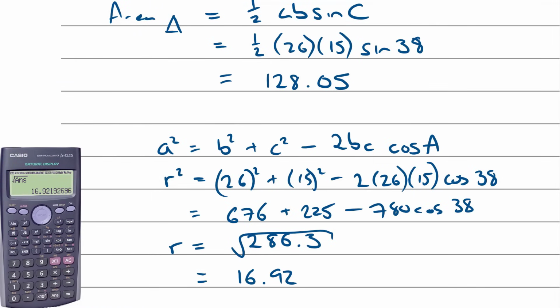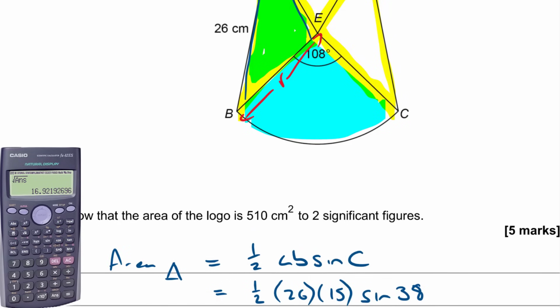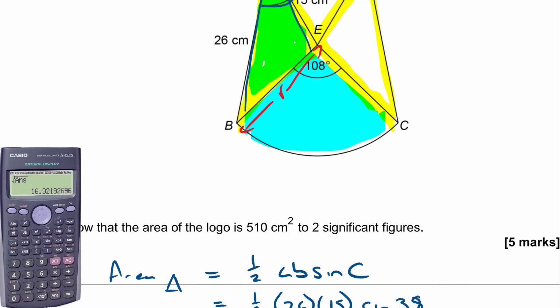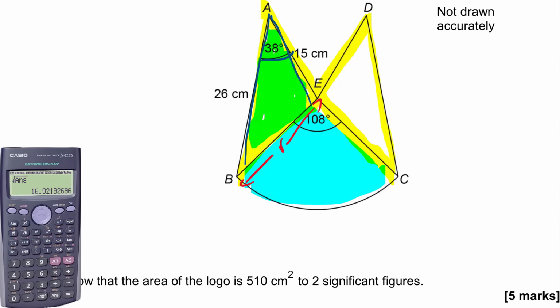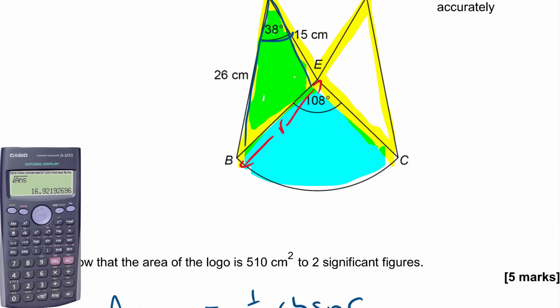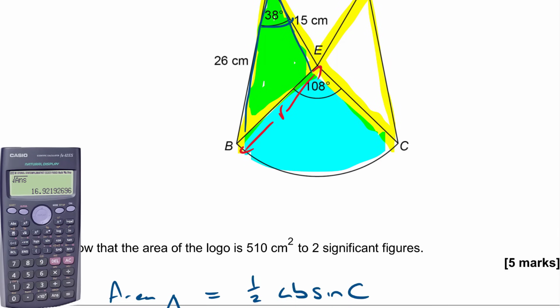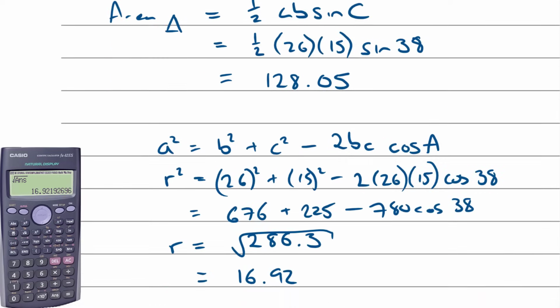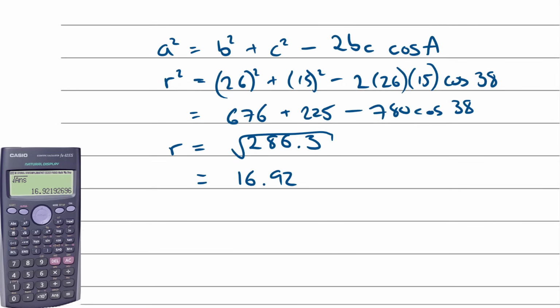Always good just to check for sensibleness. Does that look right in that diagram? 16.92, a bit under 17. That looks good. Okay, so now we've found r, we can then use it to find the area of that sector. So our area of our sector is going to be the fraction of the circle that we've got.